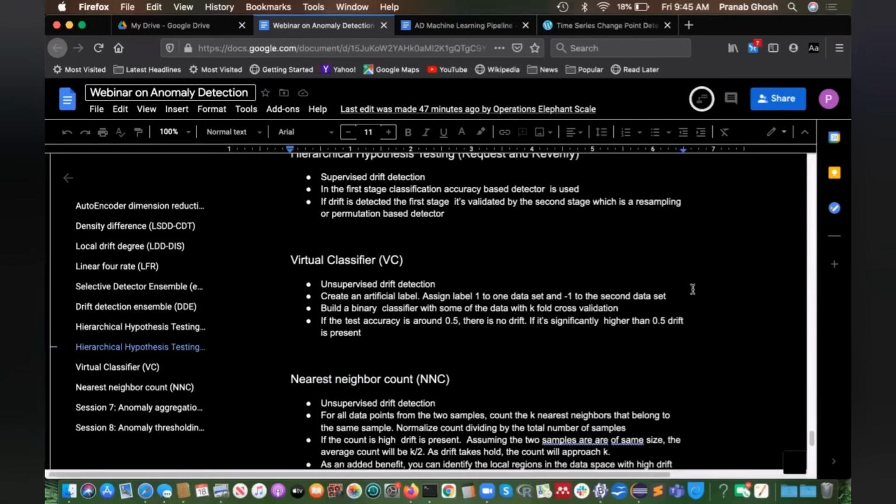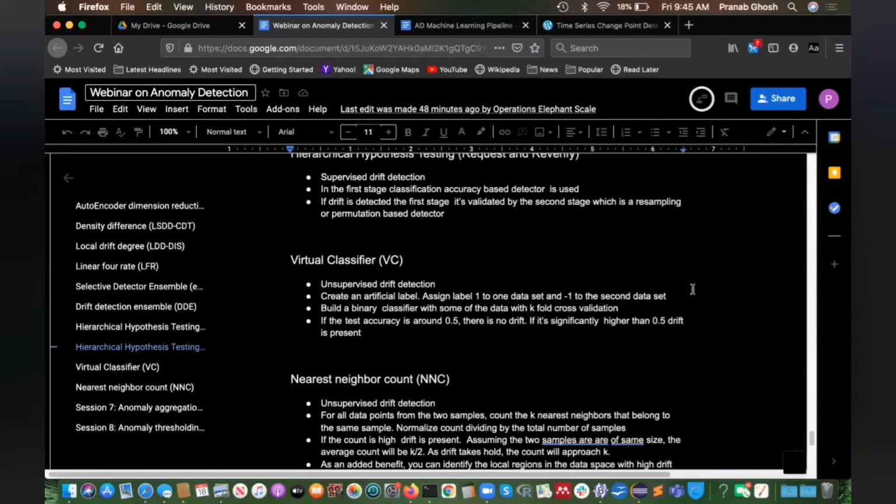This one is interesting. It's called the virtual classifier. It can be used for supervised drift detection. So what you do is, consider a point around which you think there might be drift.